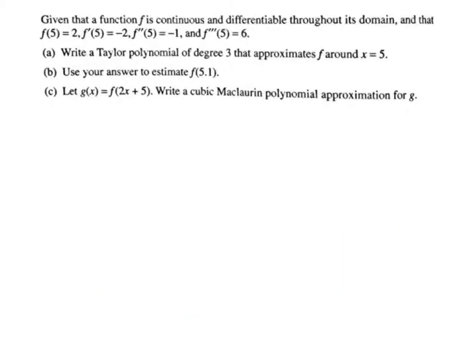Okay, so now part C says let g of x equal f of 2x plus 5. Write a cubic Maclaurin polynomial. All right, now remember that a Maclaurin polynomial means that it's around x equals 0. Okay, so a cubic polynomial, so we're going to need to go to the third derivative.